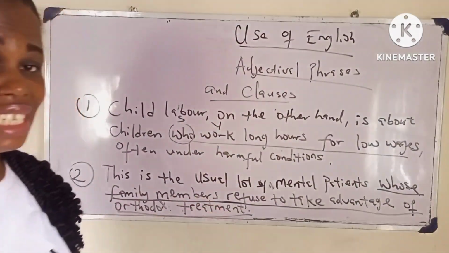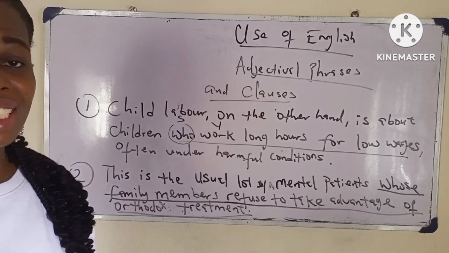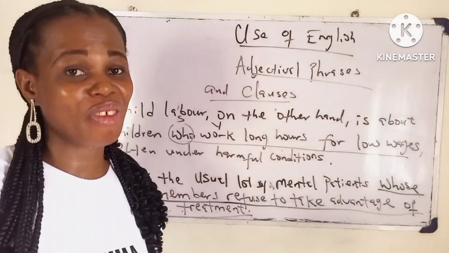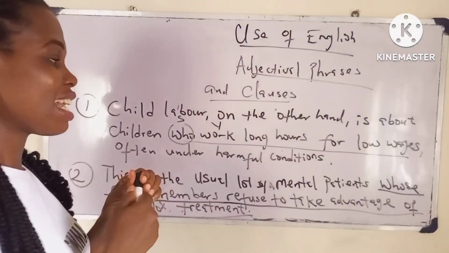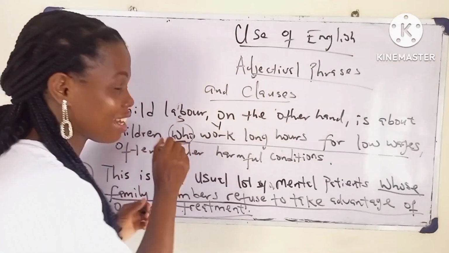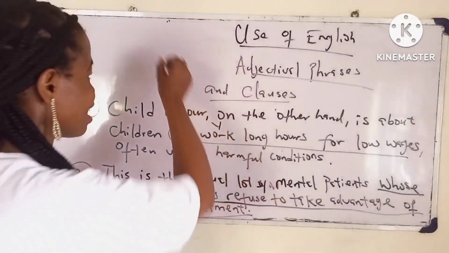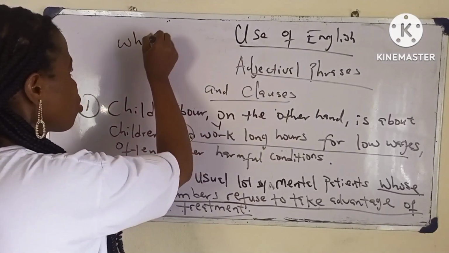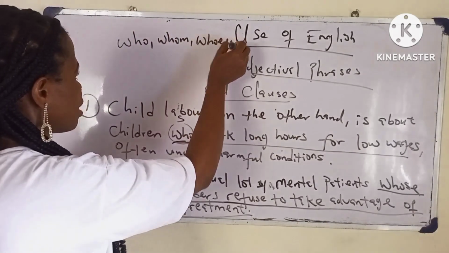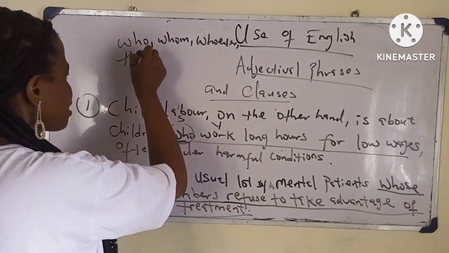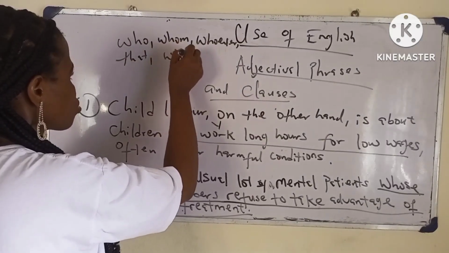Now, what kind of clause is it? It is an adjectival clause. It's an adjectival clause because first, what starts it? A relative pronoun. Relative pronouns are who, whoever, that, whose.